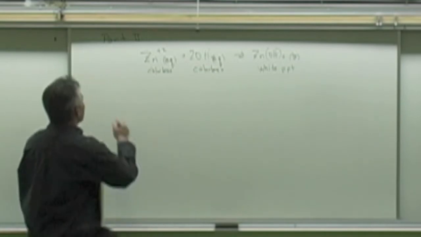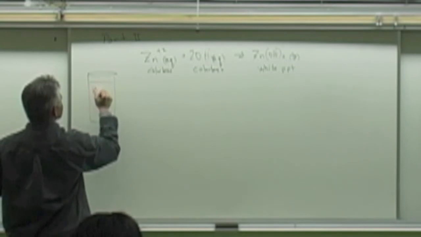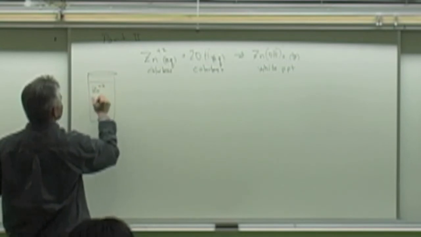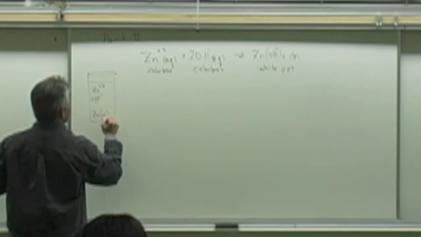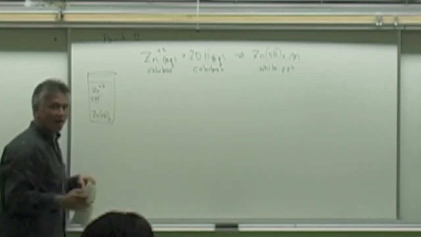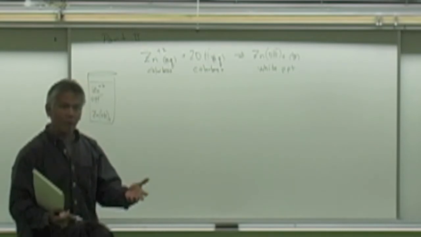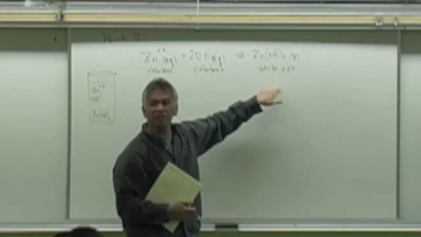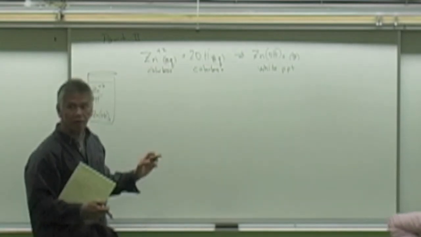Don't get me wrong, okay? These chemicals will all be in there: zinc ions, hydroxide ions, and zinc hydroxide. But again, the observation that you have tells you which chemicals are in the majority. If there's white precipitate, this is the majority. If it's colorless, these are the majority. But they're all in there.